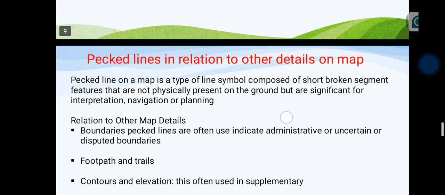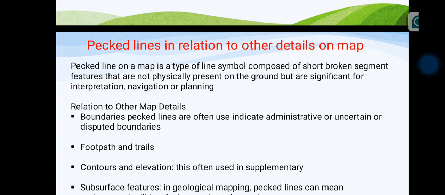Next, peck lines in relation to other details on map. Peck lines on a map are a type of line symbol composed of short broken segments that are not physically present on the ground but are significant for interpretation or navigation or planning.